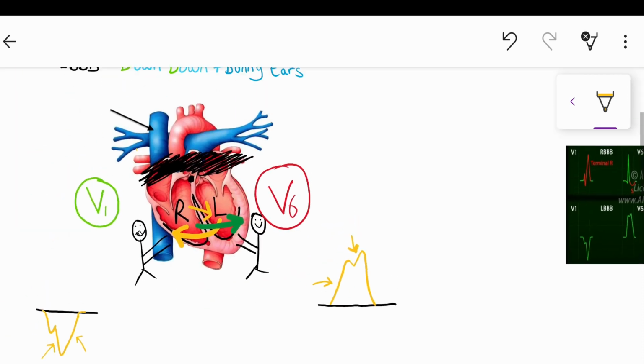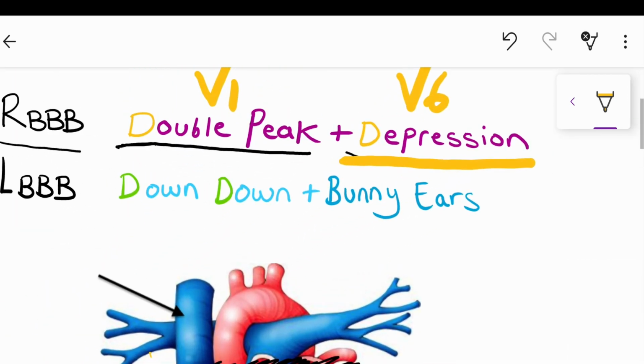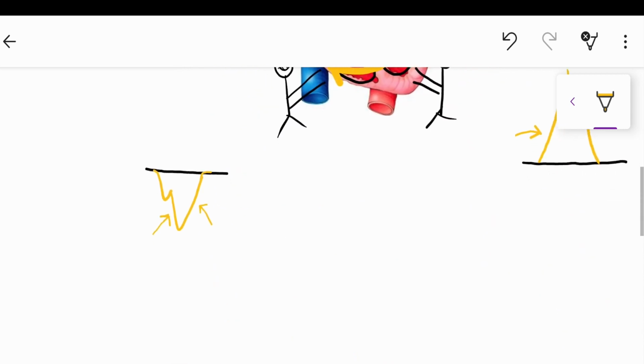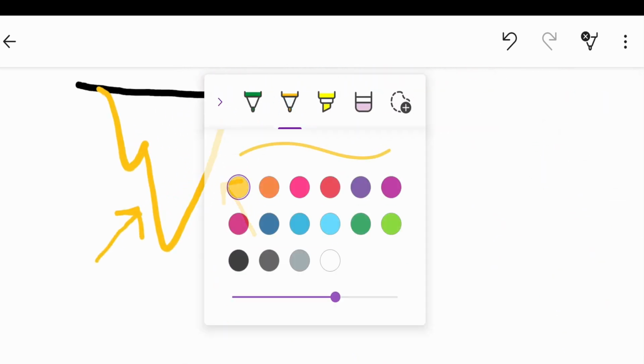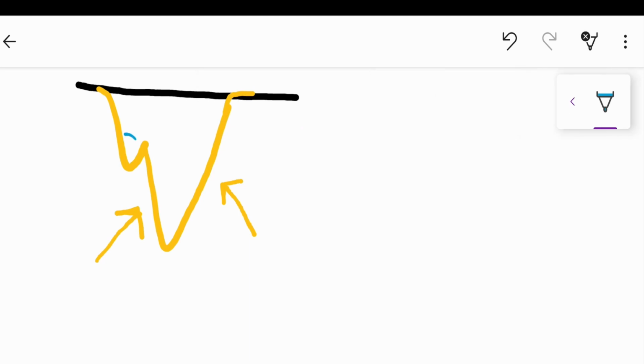Okay, so going back to our little wording here, keeping with the same pattern of V1, V6 again: double down for V1. One negative here, second down here, two downs, two depressions, double down.